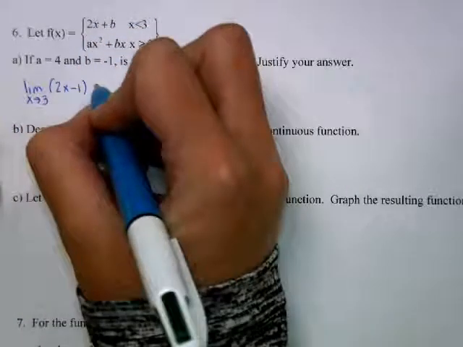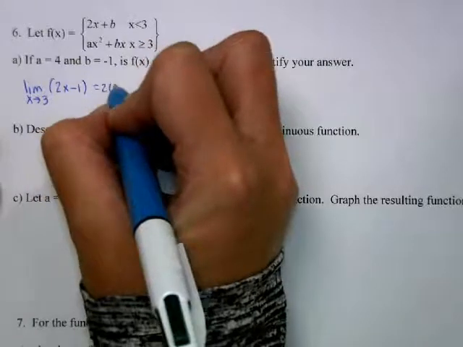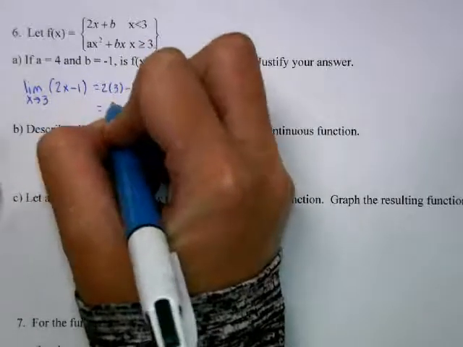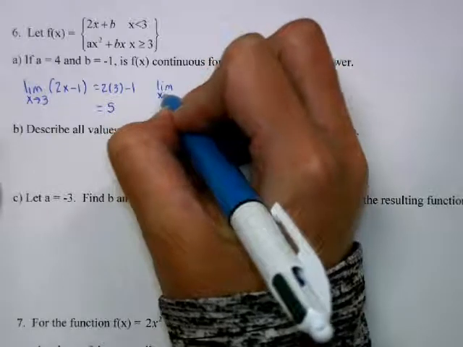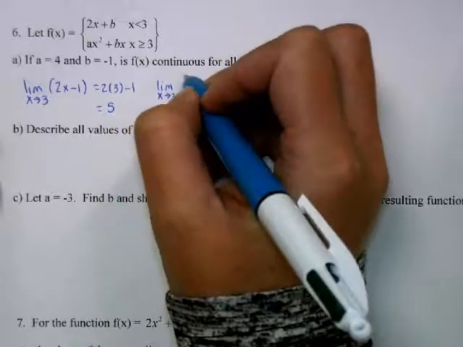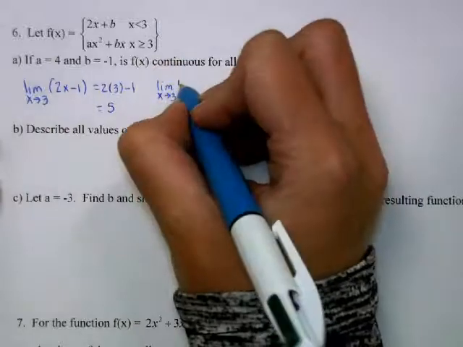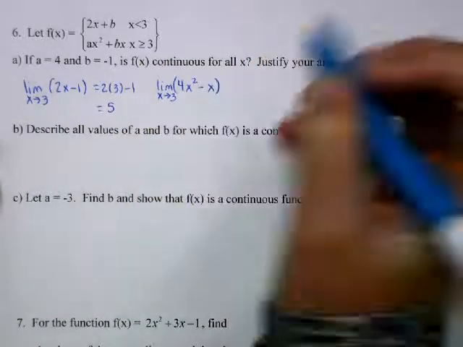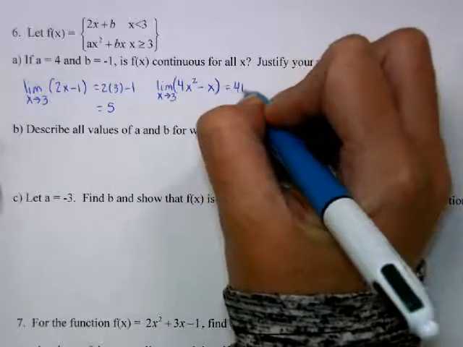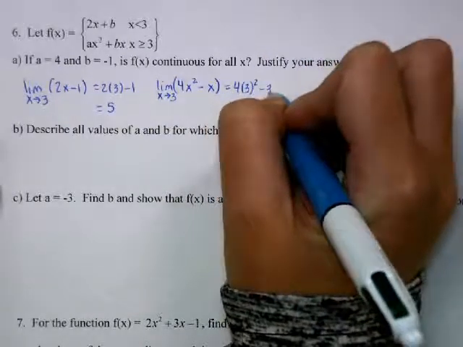Then I'm going to look at the other one as it goes to 3. So a is 4, so this is 4x squared minus x. So that's going to be 4 times 3 squared minus 3. So 9 times 4 is 36, minus 3 is 33.